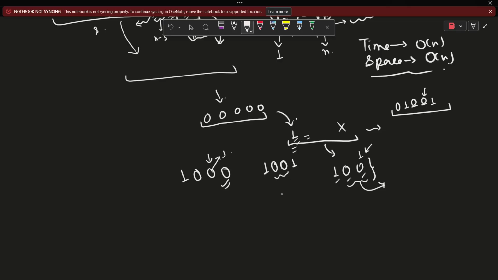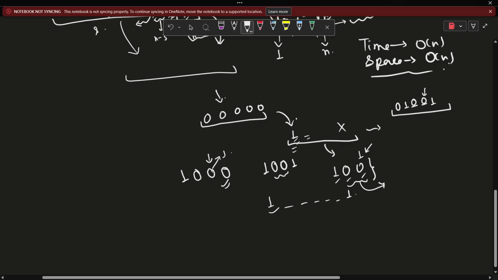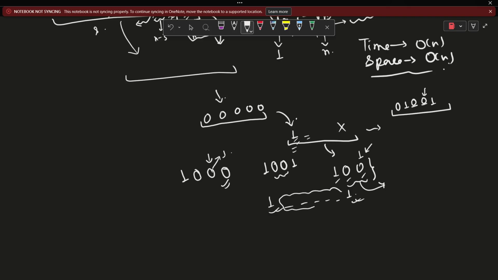So let's say there are some number of vacant spaces, and on the left hand there's a one, and on the right hand as well there's a one. Then among all these positions, we can fill two zeros over here, then we have to fill a one. Then again we can leave two zeros, right?